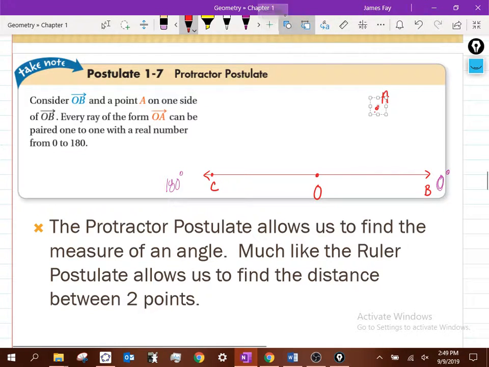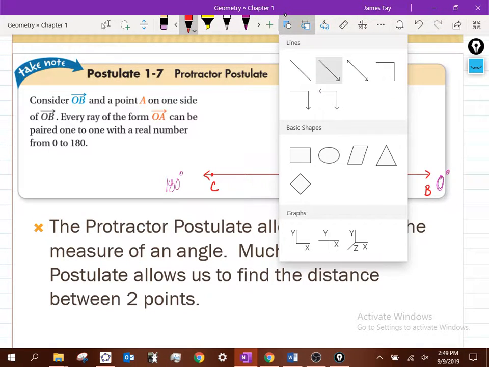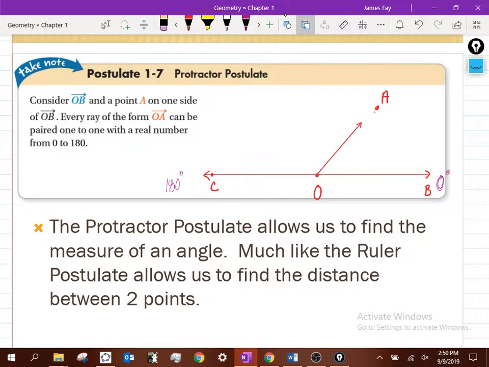There then exists a ray that goes from O to A that is going to be paired with some number between 0 and 180. And that pairing sets up a protractor. Think about this. If that's OA, then maybe A could be there where the tip of my cursor is. Does it make sense to everybody?